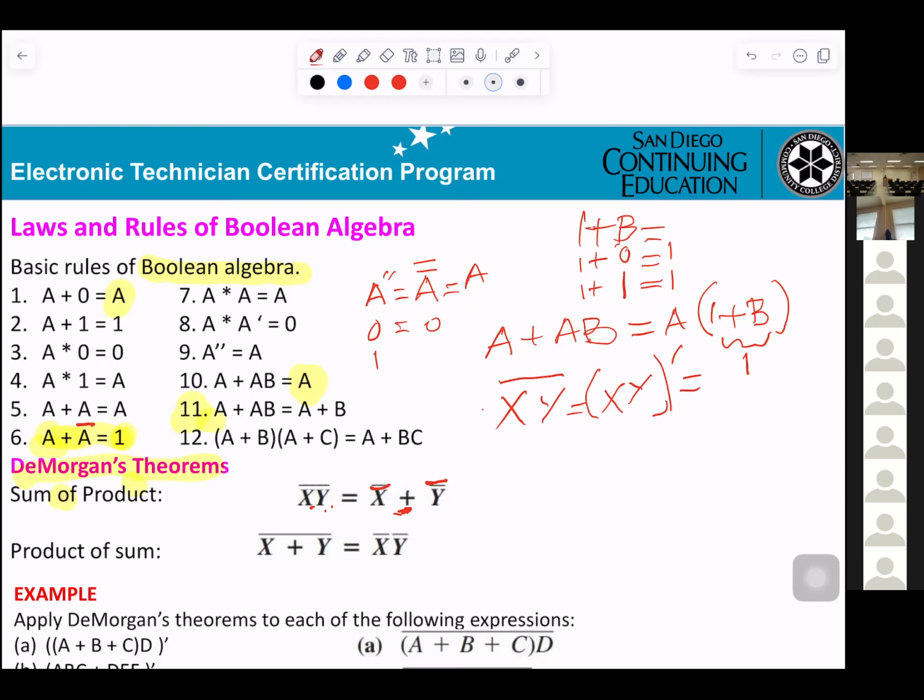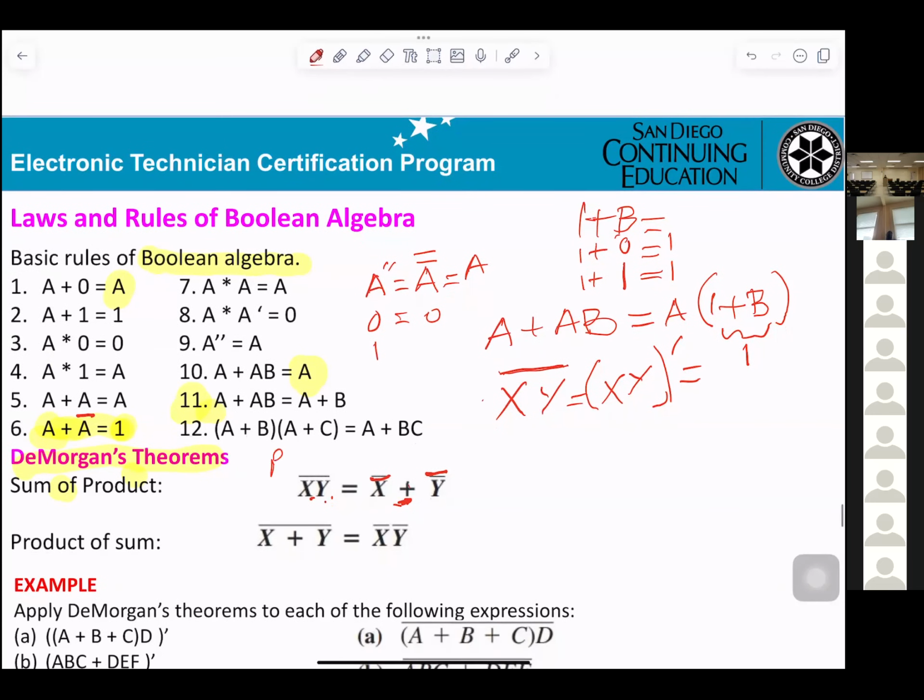You want to remove that bar, then X will be not X, and the times will become adding, and Y will be not Y. Going from X times Y, the product, it will be a sum.